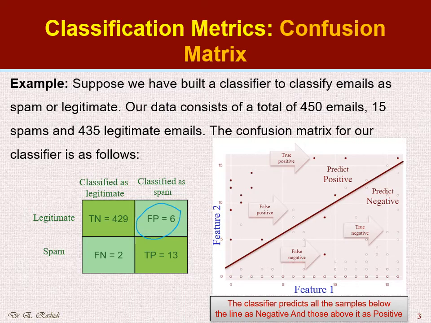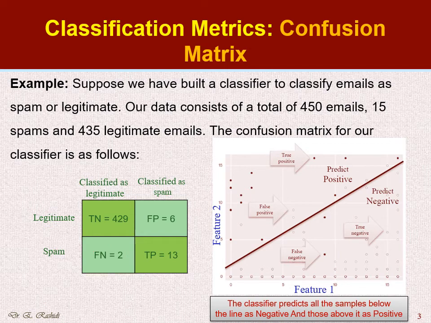As you look here, these are false positive, this is false positive, false positive, false positive, and false positive. So we have 6 false positives here. On the other hand, we have 2 false negatives. So this is false negative because it's actually a spam, but it has been classified as a legitimate email here. So one is here and the other one is also here. So false negative is 2.